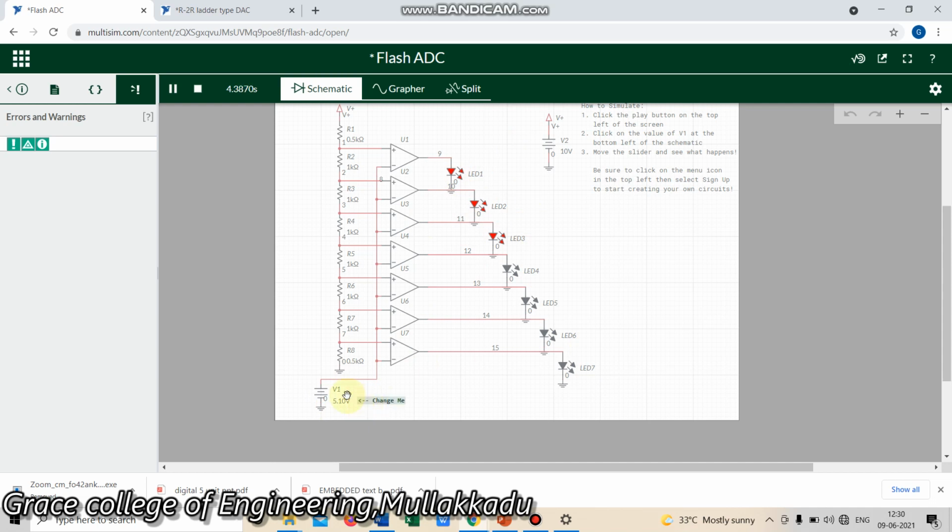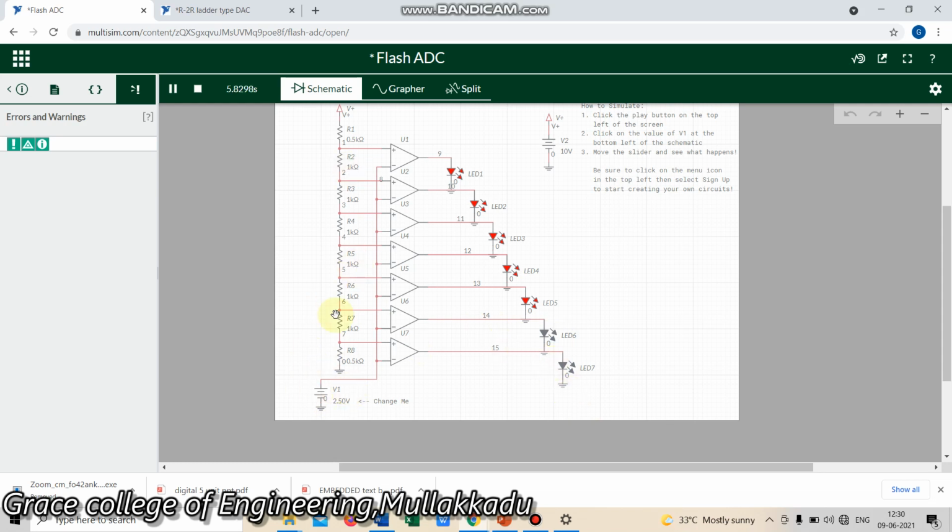Suppose I reduce this 5 to 2.5 and execute. Now 5 LEDs glow, because at these 5 nodes the reference value is greater than 2.5. At these 2 nodes, the reference value is less than 2.5, so the LED output is 00.